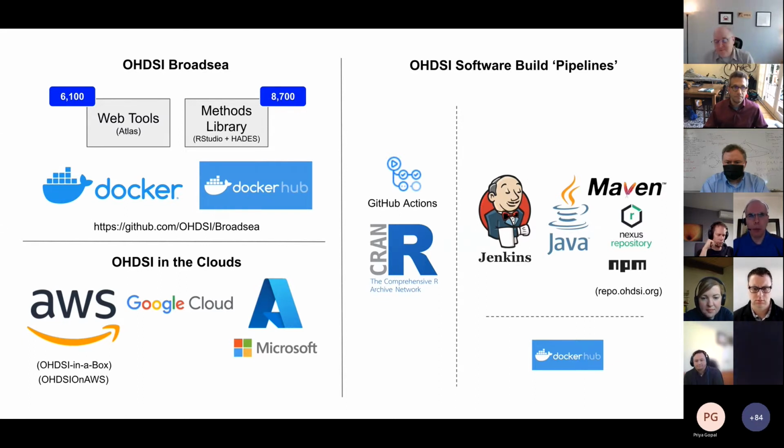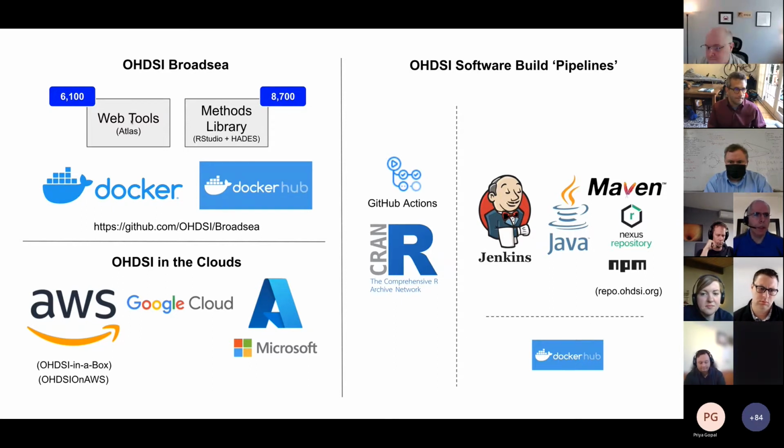So Broadsea is really just an OHDSI project around how do we package up the tools. So Atlas, Web API, and then RStudio and Hades. So in the top left corner of this slide, I just wanted to show you the main containers. Docker containers are basically just images of the software and all the dependencies associated with them.